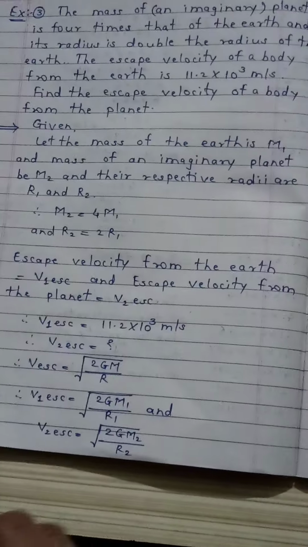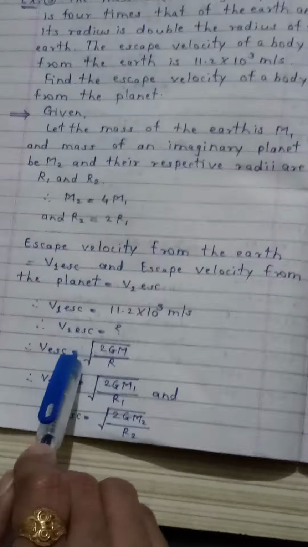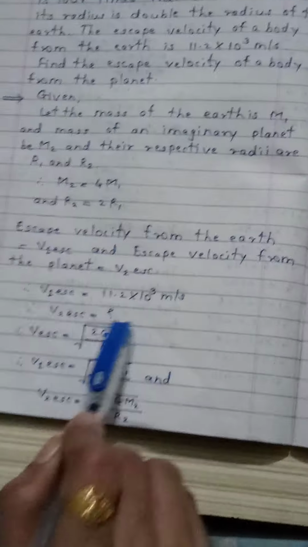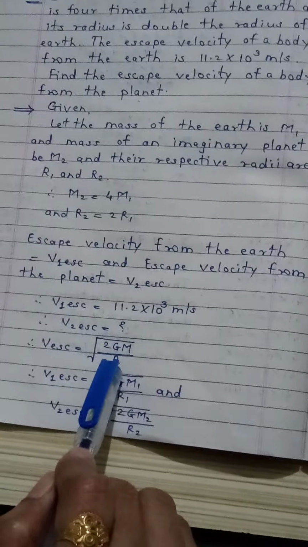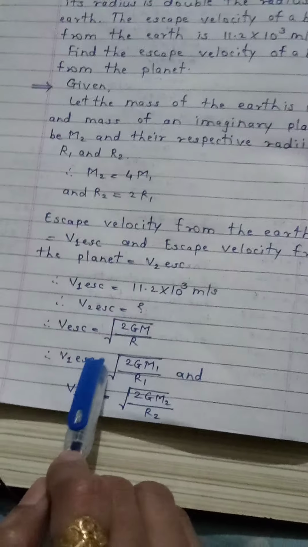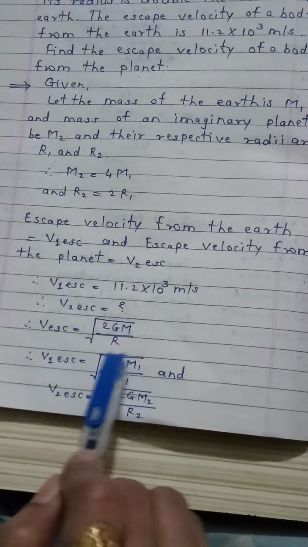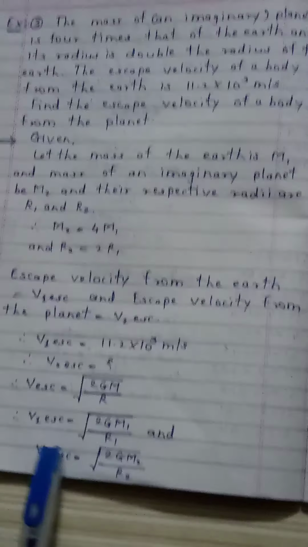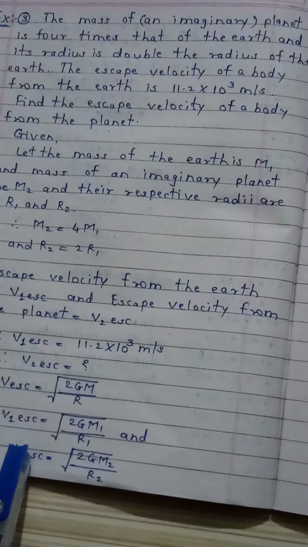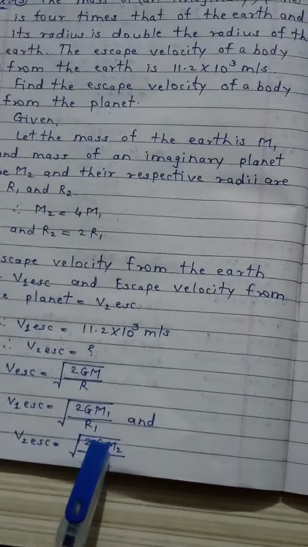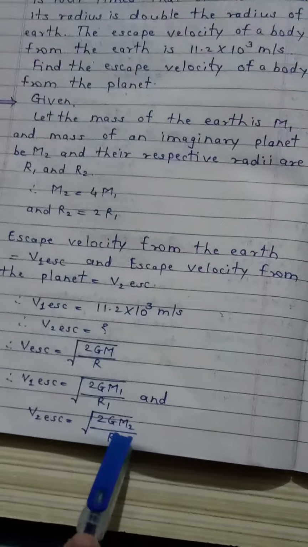We know escape velocity v escape is equal to square root of 2GM upon r. According to this, v1 escape is equal to square root of 2GM1 upon r1, and v2 escape is equal to square root of 2GM2 upon r2.